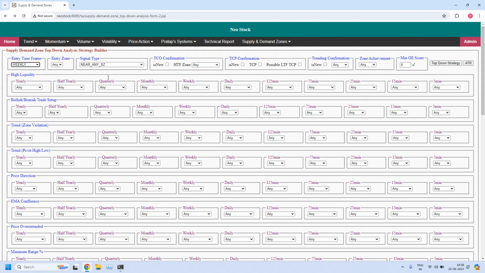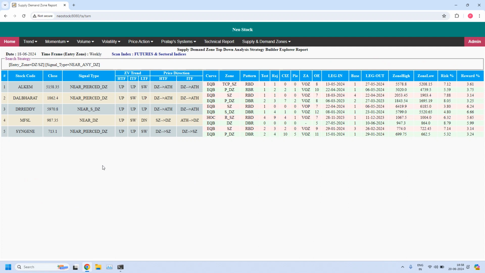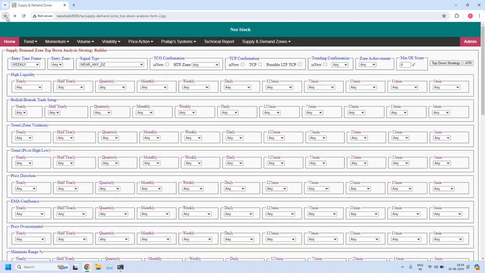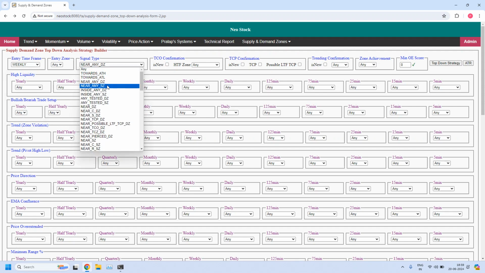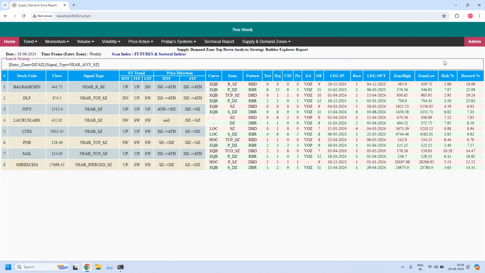Changing the time frame to weekly, let us find the stocks near weekly demand zone. 5 stocks are filtered. So I'm going back. For weekly time frame, let us find the stocks near weekly supply zone. 8 stocks are filtered near to the weekly supply zone.